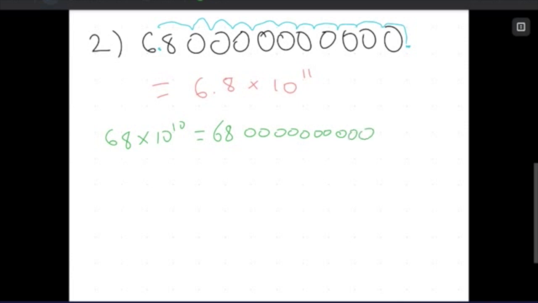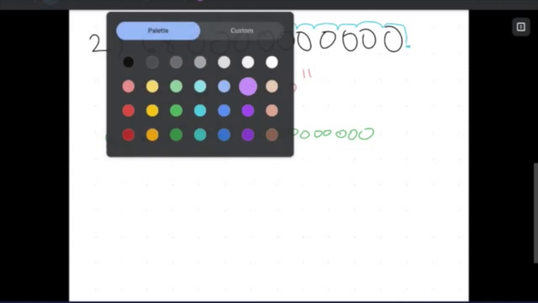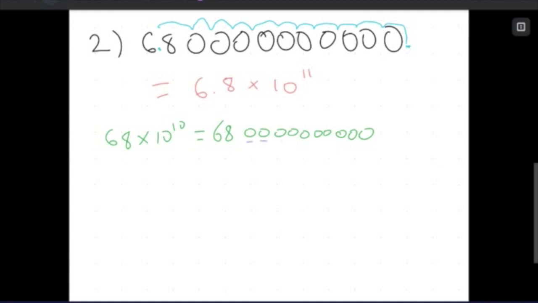And you will see I have the exact same number of zeros. So I've done this correctly. Let's just count them to double check. 1, 2, 3, 4, 5, 6, 7, 8, 9, 10. And here I have 1, 2, 3, 4, 5, 6, 7, 8, 9, 10. So my scientific notation is a mathematically correct way of writing this.